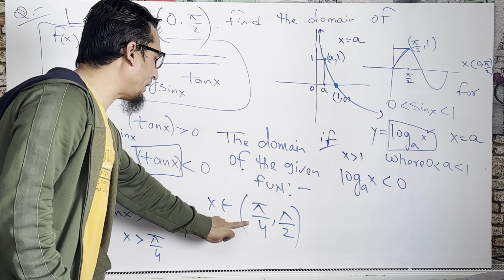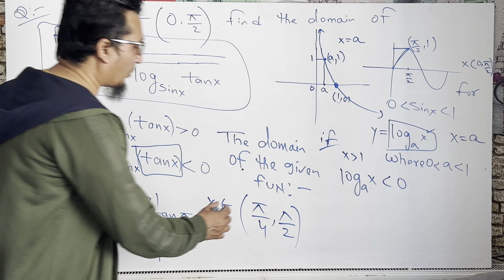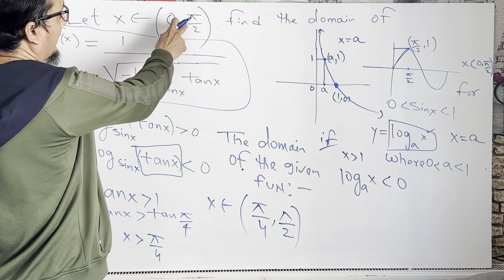And greater than pi by 4 is already greater than 1. And the maximum range is given, pi by 2, right?